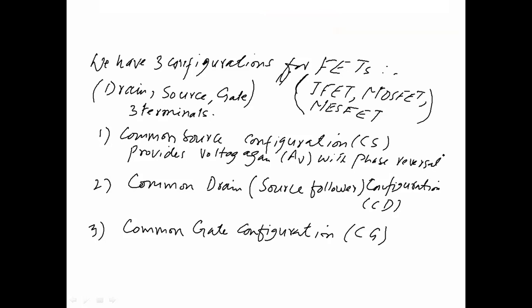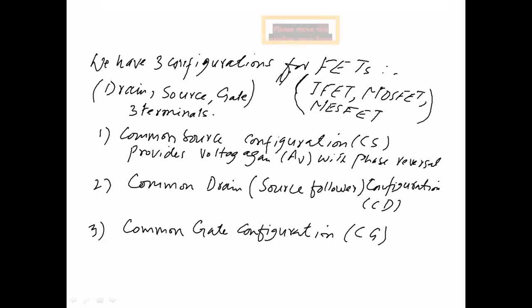By phase reversal, we mean that the input signal and the output signal are out of phase by 180 degrees. In the common source amplifier, the signal is applied at the gate terminal and the output is taken from the drain terminal. The analogous configuration in the case of BJT is the common emitter configuration.